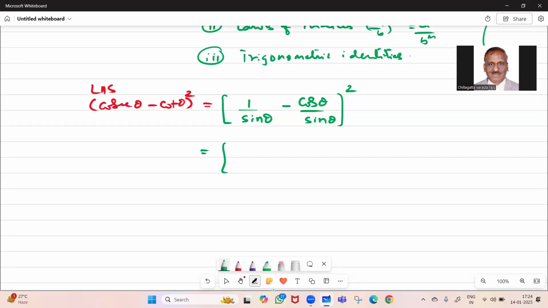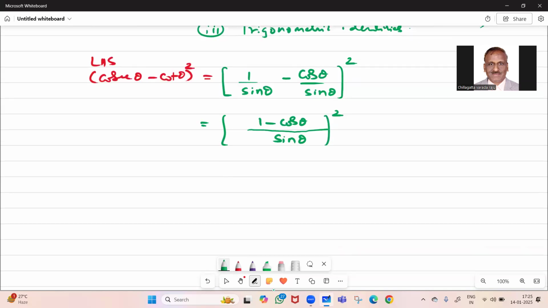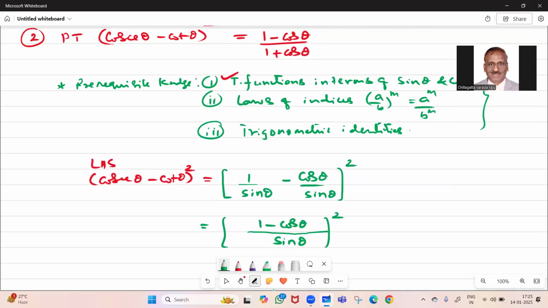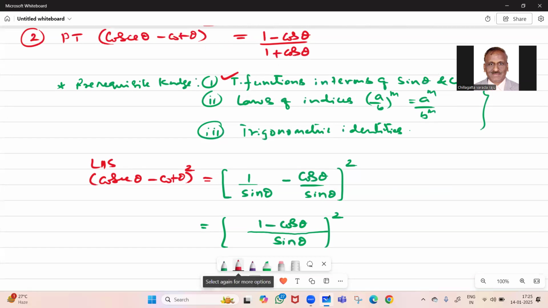Now all of you know when two fractions are there, we can take LCM and simplify. That is sin theta is your LCM, and the denominator terms are the same. It will become (1 minus cos theta) whole square by sin theta whole square. As we discussed in the prerequisite knowledge, the problem is in the form of (a/b) to the power of m, second law of indices.